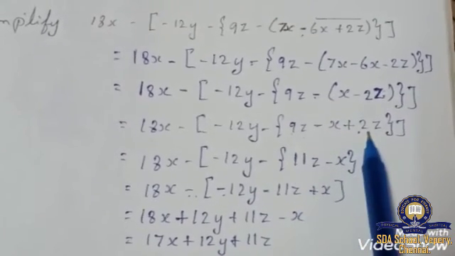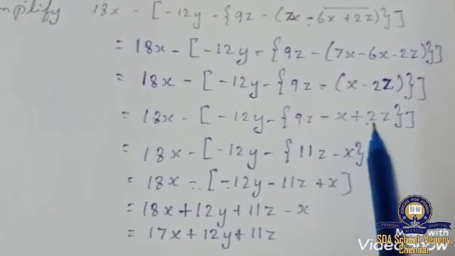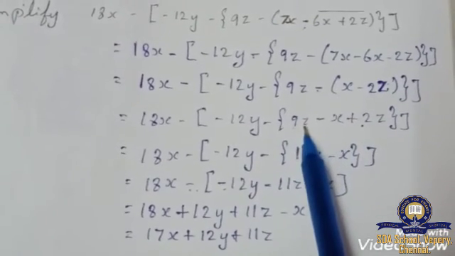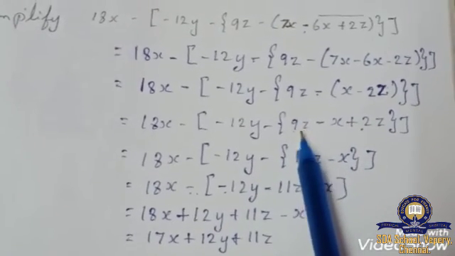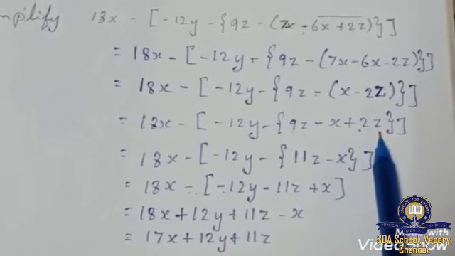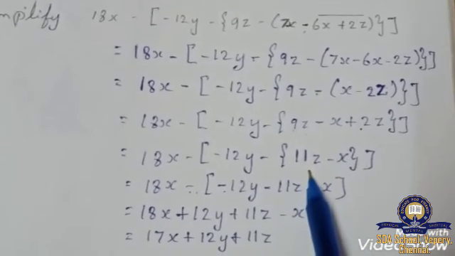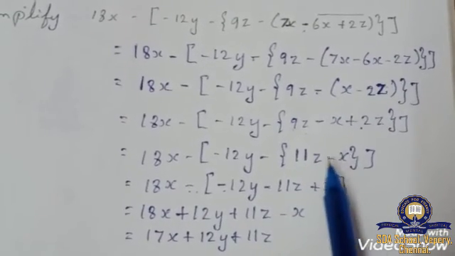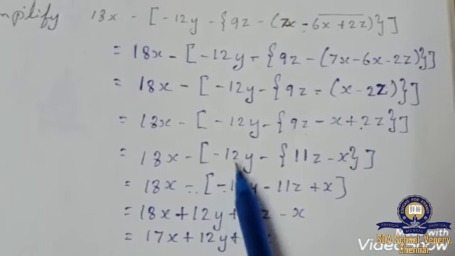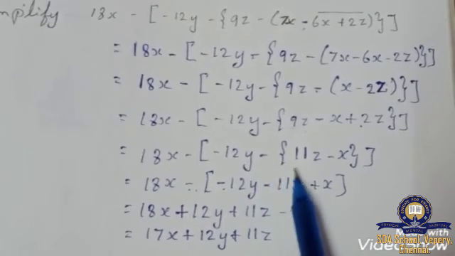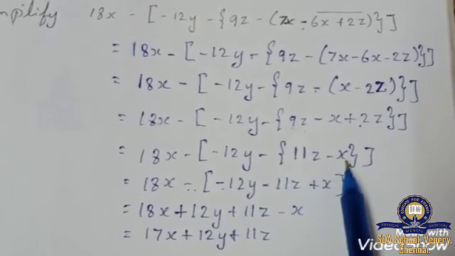So in here z are common. So now we're going to consider 9z plus 2z is 11z. Okay. So we get 18x minus in the bracket minus 12y minus 11z minus x.